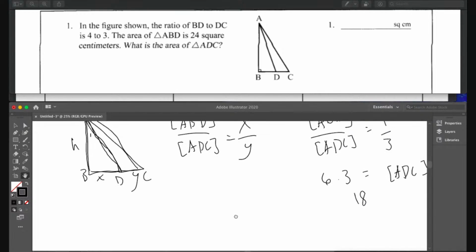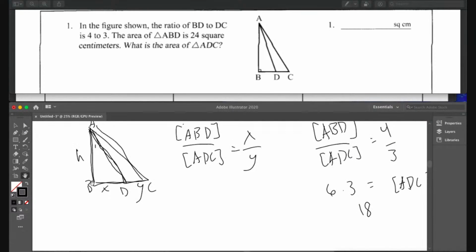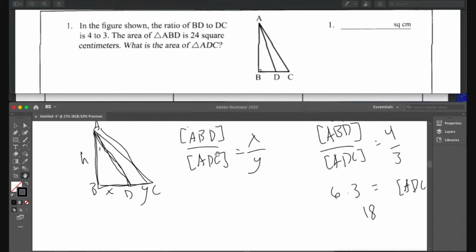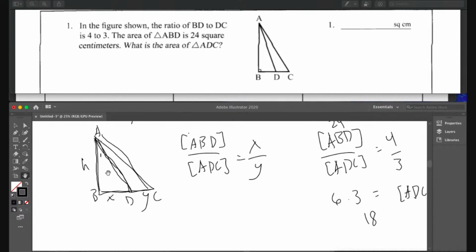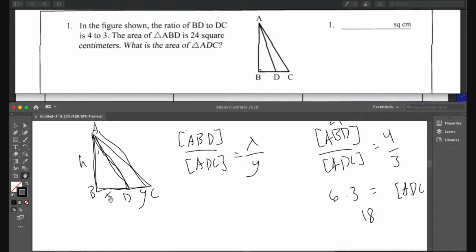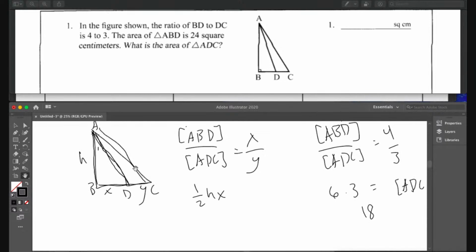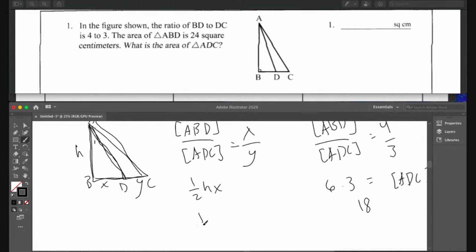You can also see this relation if you actually model the equations of the areas of the triangles. So the area of ABD is 1/2 times h times x, and the area of ADC is 1/2 times h times y.